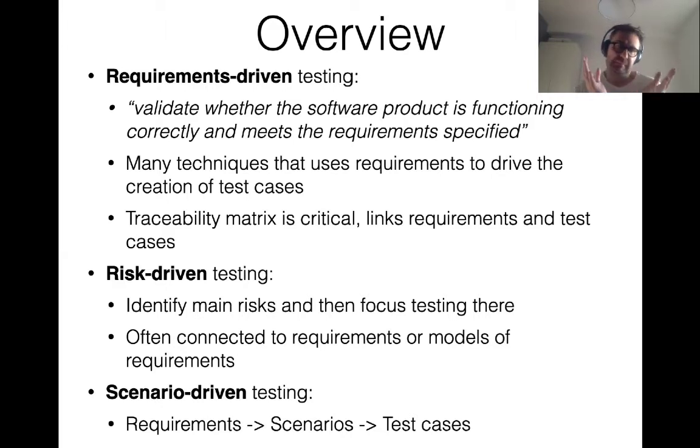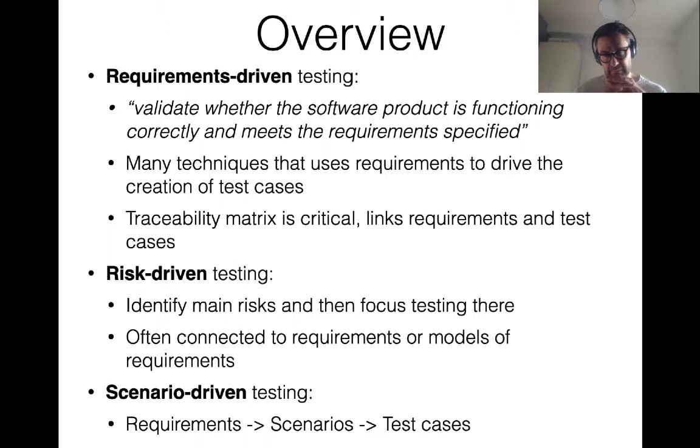There are, of course, many techniques that can do this, and they will also differ depending on the shape and form and how you've written down requirements, and how manual or automated requirements-driven testing is going to be depends on what form your requirement specification has.